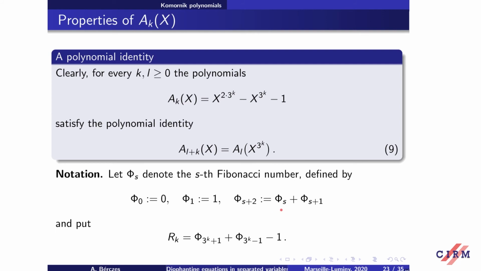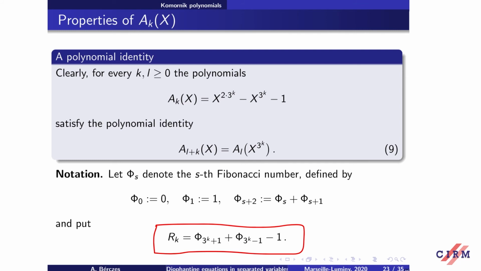If we denote the Fibonacci numbers by phi_0, phi_1, and so on, and we define R_k to be phi_(3^k+1) + phi_(3^k−1) − 1, then these are clearly integer numbers.